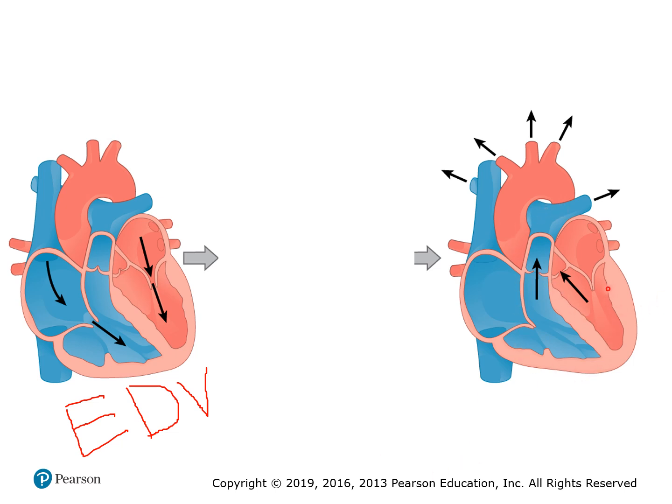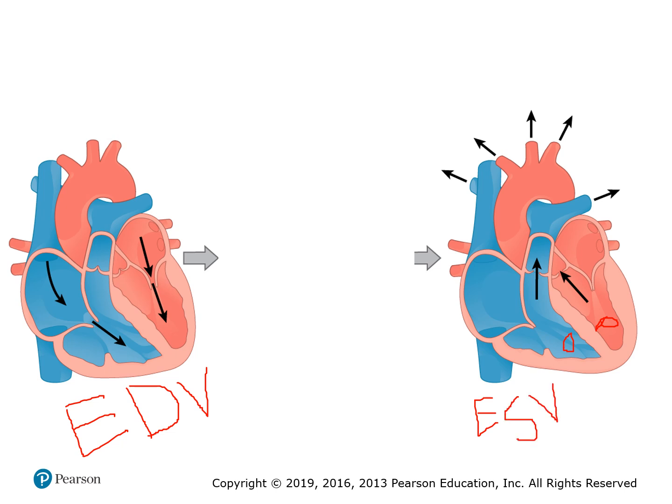After this systolic phase is over, a small amount of blood still remains in the ventricle. So there is a small amount of blood left in the left ventricle, and a small amount of blood left in the right ventricle. This volume of blood which is still present in the ventricle after the systolic phase, or after the contraction, is known as end systolic volume.